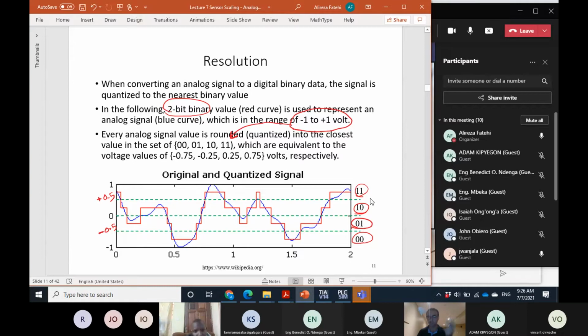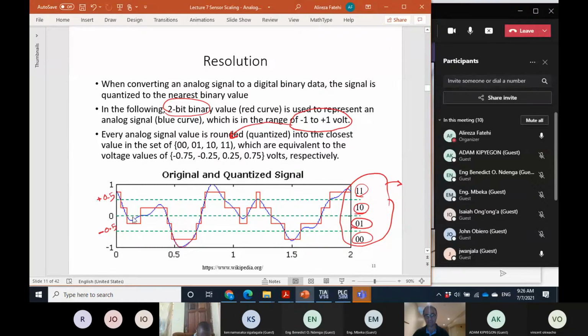2-bit binary is very small, just as an example. There's not any other. So any part of the signal in this range, for example these parts, all of them are represented just by 00. It means that if later we convert this to a voltage signal again, the signal is something like this red signal.